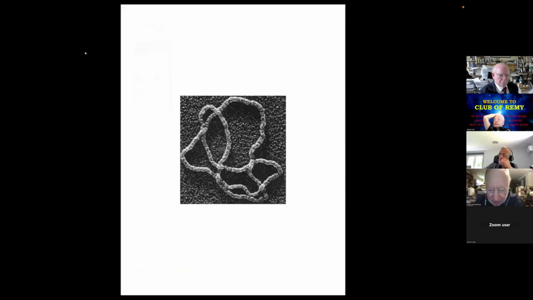So this was something that we did before, and I'm just reviewing it. This is a photomicrograph of DNA, a closed circular DNA molecule, which was first produced by Stasiak, Spengler, and Cazarelli in the 1980s.